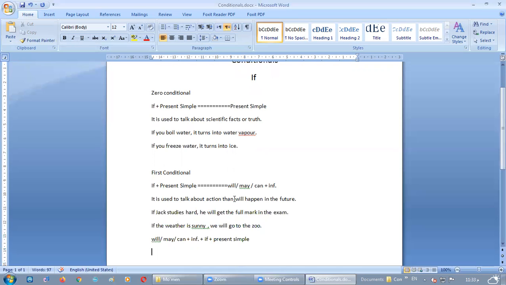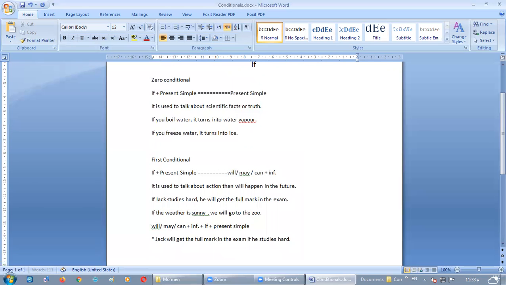Say, for example, I can say Jack will get the full mark in the exam if he studies hard. This is for the first conditional.